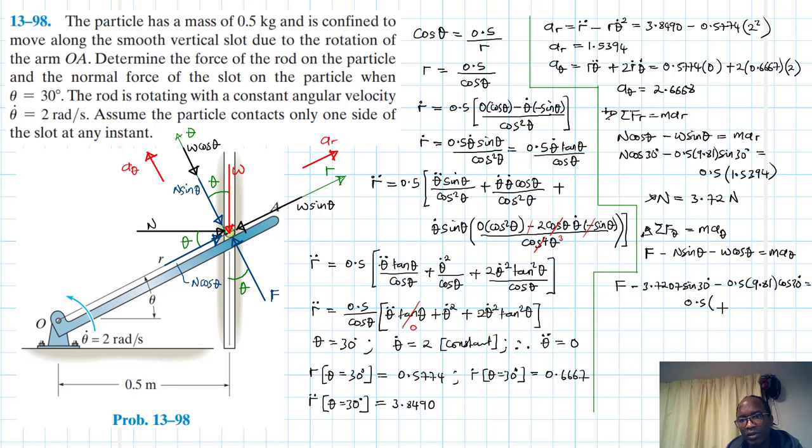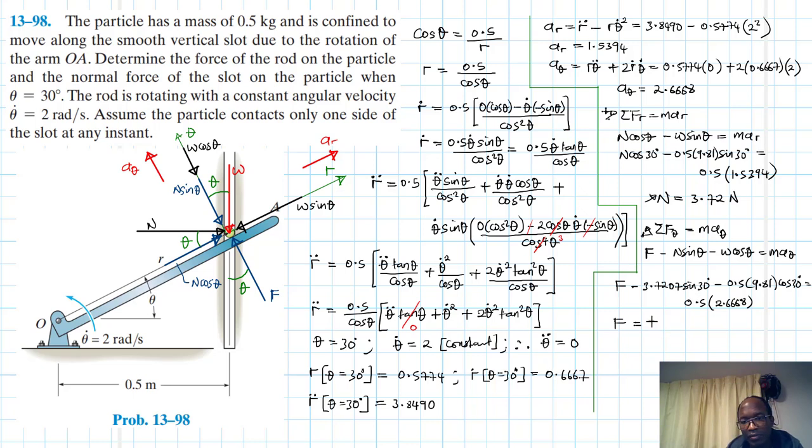0.5 times 2.6668. Therefore our F will be equal to 0.5 by 2.6668 plus 0.5 by 9.81 cos 30 plus 3.7207 sine 30.